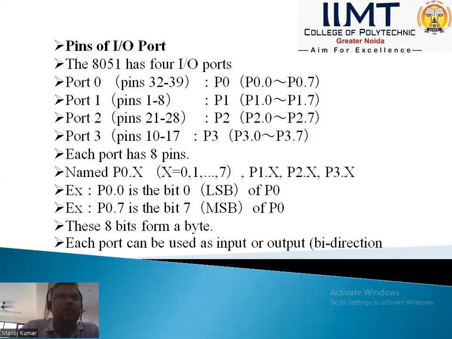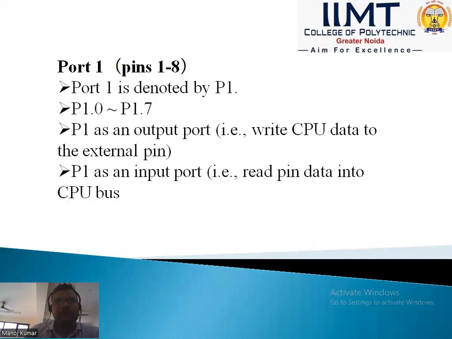These 8 bits form a port. Each port can be used as input or output, bidirectional. Port 1, pins 1 to 8, is denoted by P1.0 to P1.7. To use P1 as an output port, write CPU data to it. To use the external pin P1 as an input port, read from it.